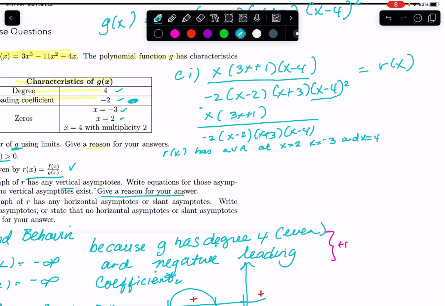So we have to start with the limit. We're going to say the limit as x goes to 2 from the left of r of x.